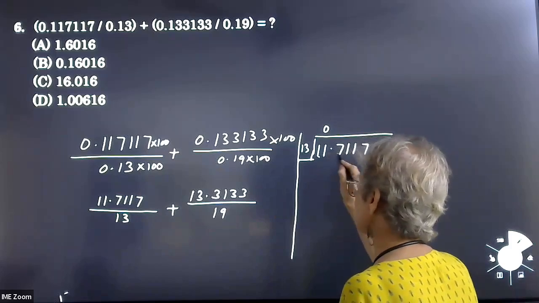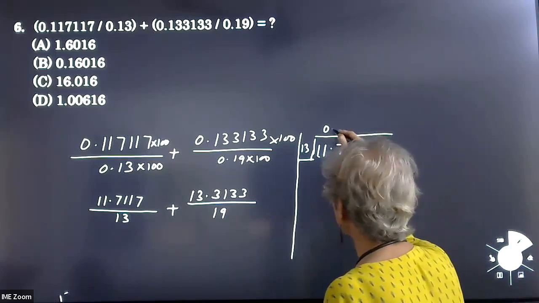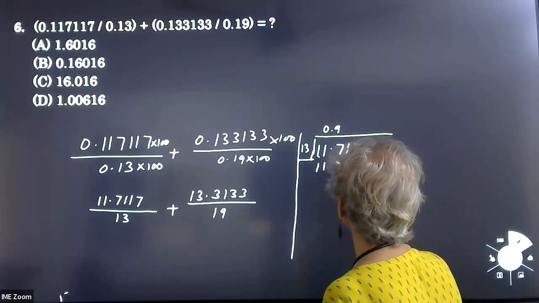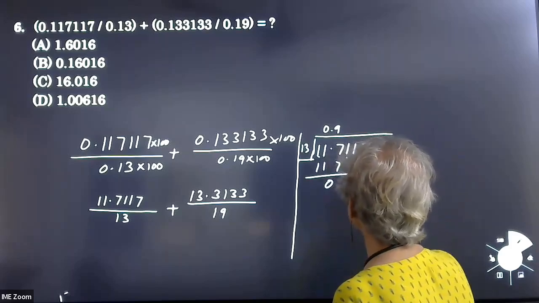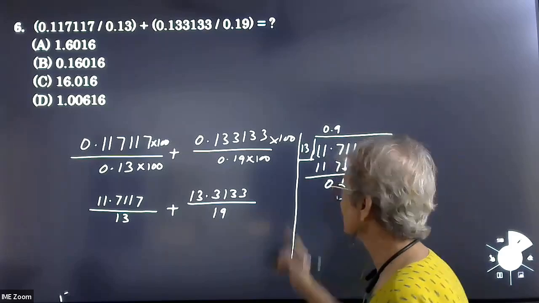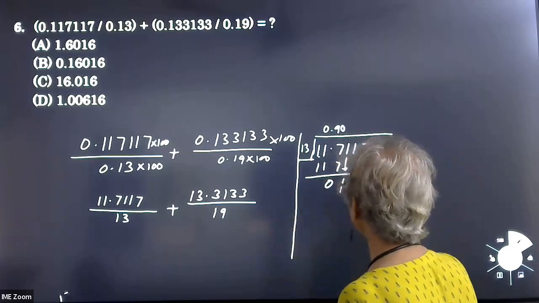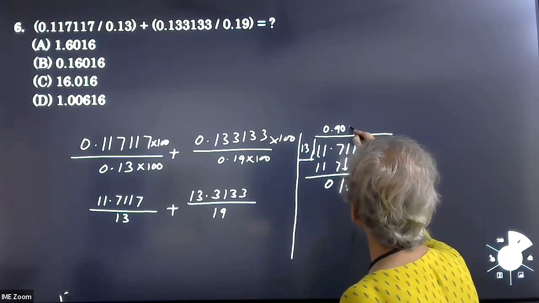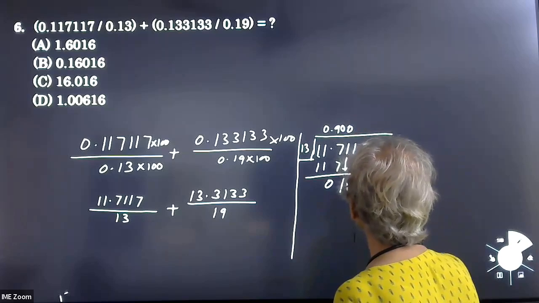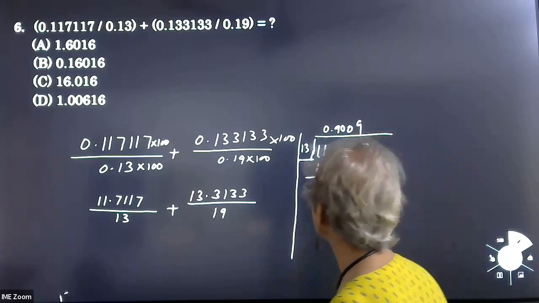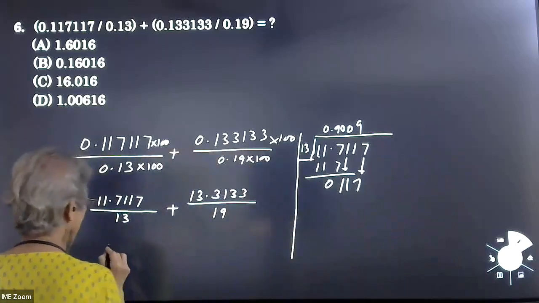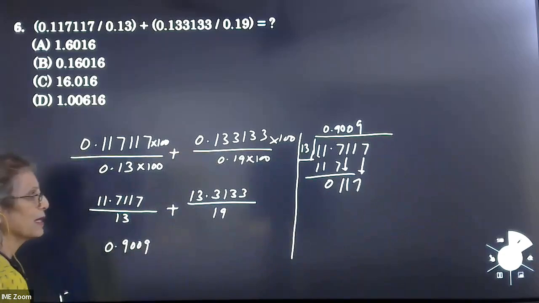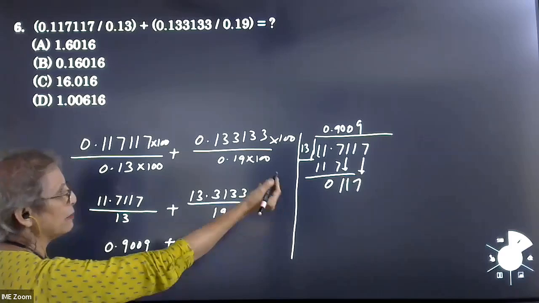We are using 117. So digit which is after the decimal point. So put decimal point here. And now 9s are 117, 0. Bring down 1, which is not divisible by 13. So put 0. Bring down next one. That is also not divisible. Put 0. And then 7, 9. So what's the answer here? 0.9009.